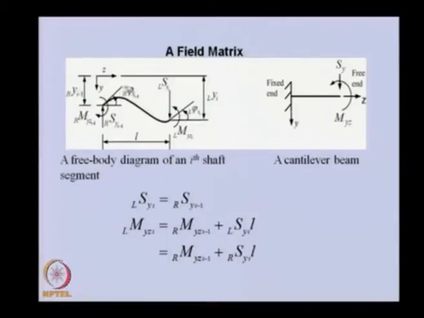These are the two field variables, linear displacement and angular displacement, representing the displacement of the shaft at the i minus 1th disc. Apart from this, we have the shear force, taking the positive convention of strength of materials, Sy in the y direction at the i minus 1th disc, right of that.